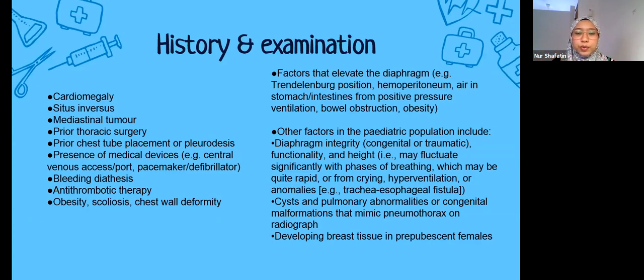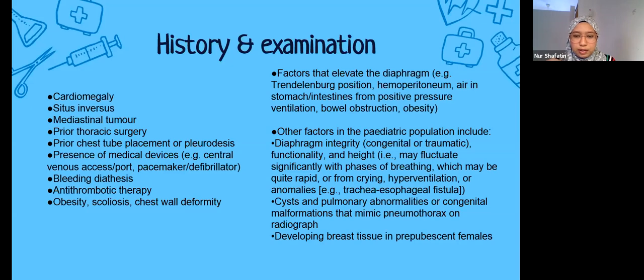Other than that, we also need to find out if there are any factors that elevate the diaphragm, such as a supine position, hemoperitoneum, and stomach or intestine distension from positive pressure ventilation, bowel obstruction, or even obesity.